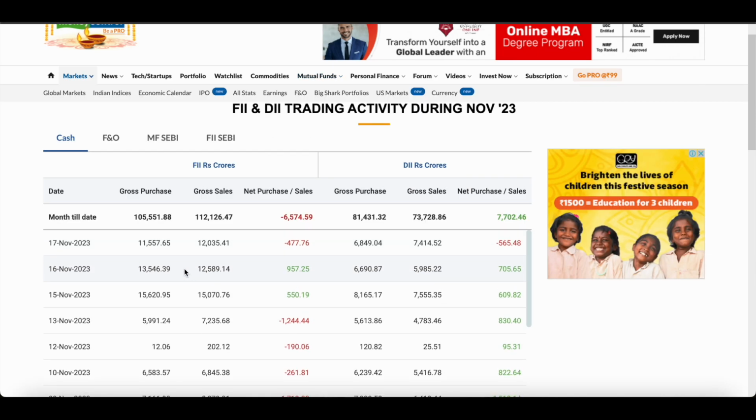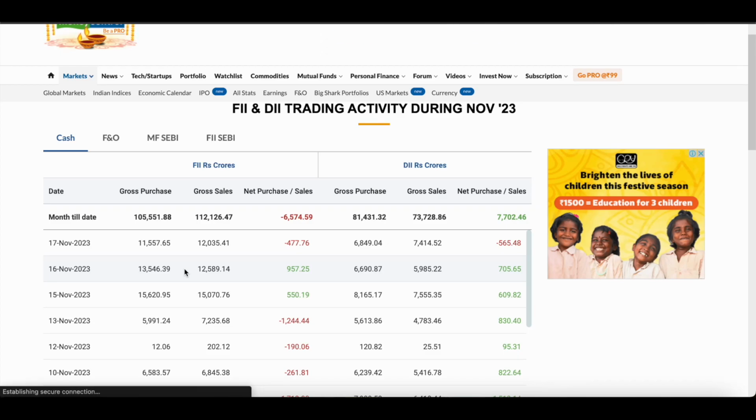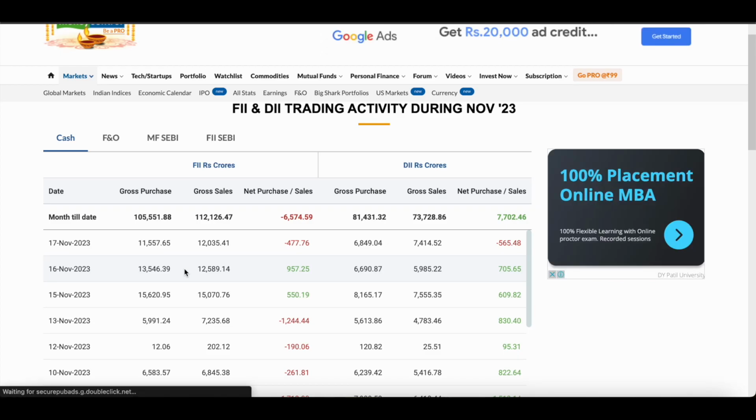And coming to one segment which I am interested in adding to the weekly analysis from next week, that is FII and DII activity. I am going to take the last 1 week of data and do some analysis on that, like what the pros are doing, what retail is doing, and what FIIs and DIIs are doing, especially in cash, futures and options.